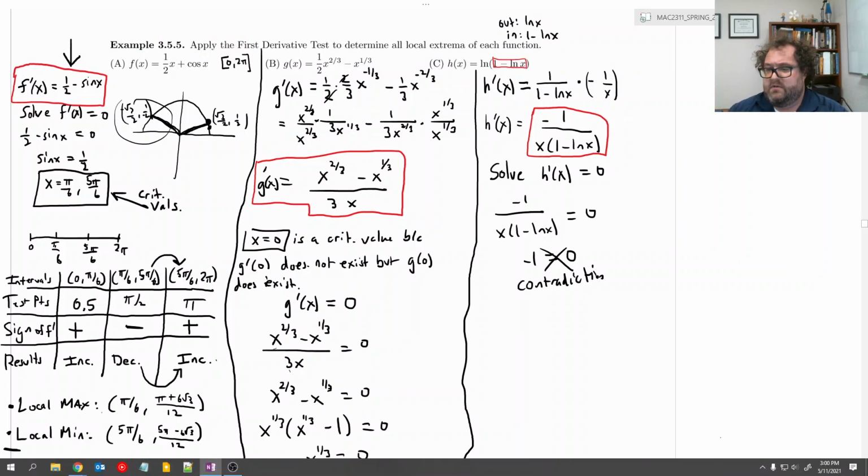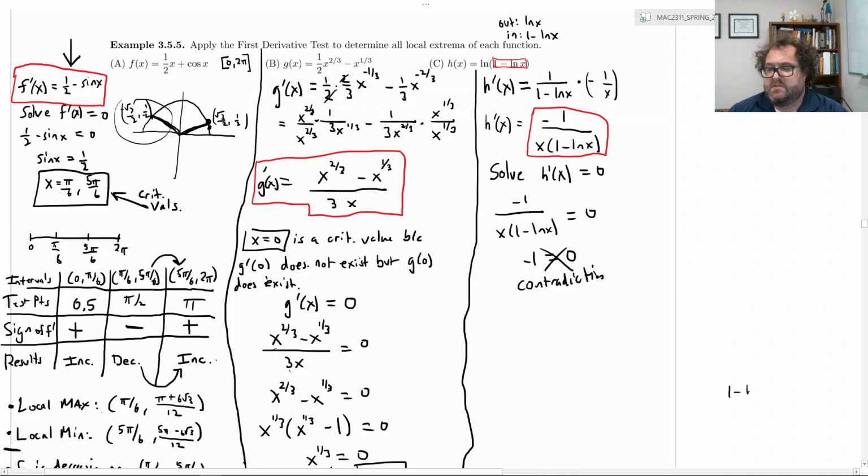How do you solve 1 minus natural log x greater than 0? Basically, you would solve the corresponding equation. Let's consider 1 minus natural log x equals 0 instead. Of course, that means natural log x equals 1. And using the definition of a logarithm, that means e to the 1 equals x.